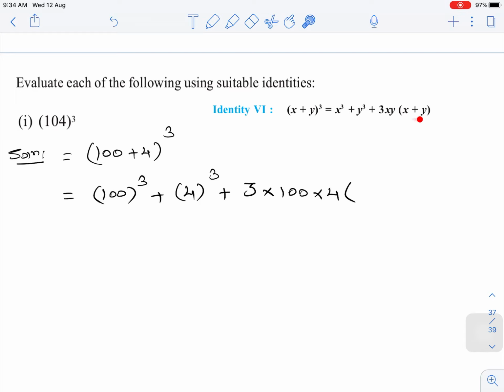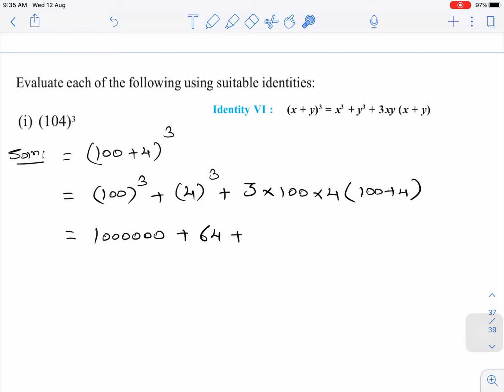In the bracket, the sum of the first two terms, that will be 100 plus 4. Now that equals, we have to find its cube. The cube of 100: here 2 zeros are there, so in its cube there must be 6 zeros. So I am writing 1 followed by 6 zeros, plus cube of 4 is 64.